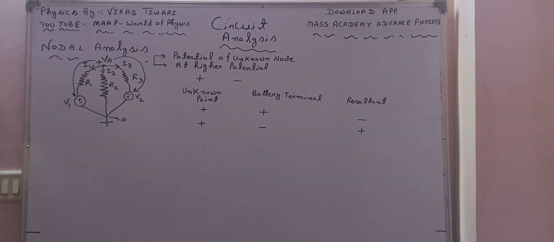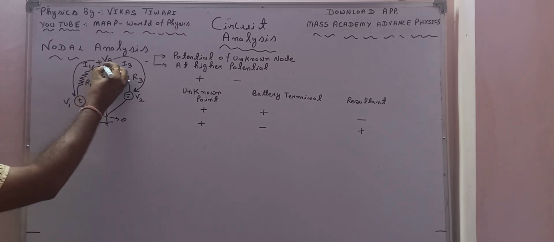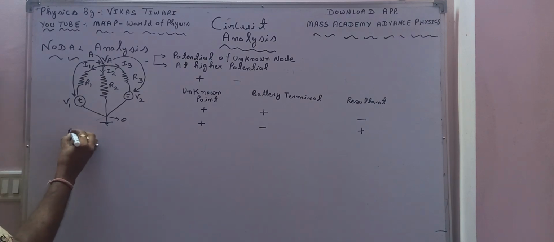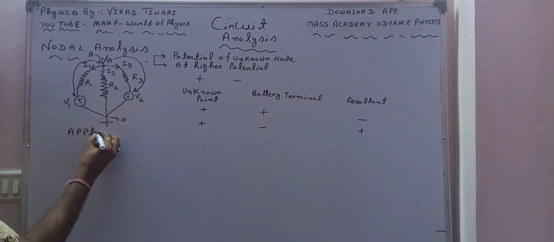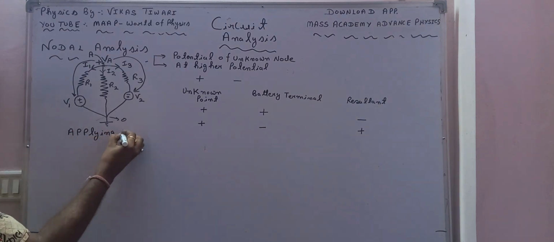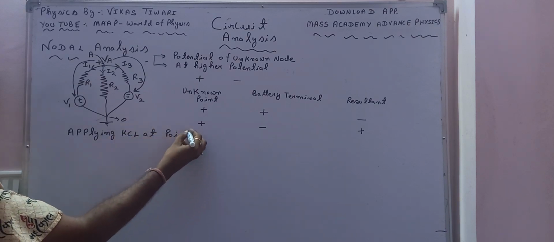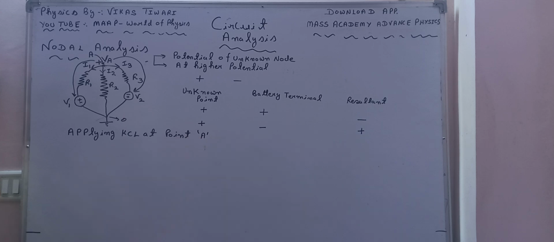Now, if I am going to apply the node at point A, suppose I name this point as A, I will first apply KCL at point A. Later on we will apply nodal analysis directly, but now I am telling you one more step.